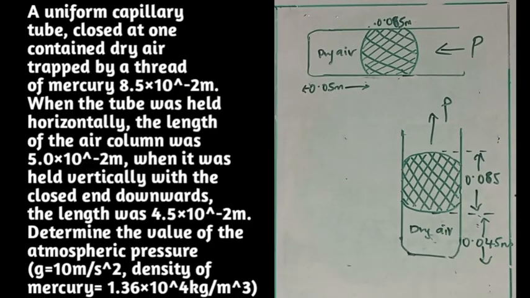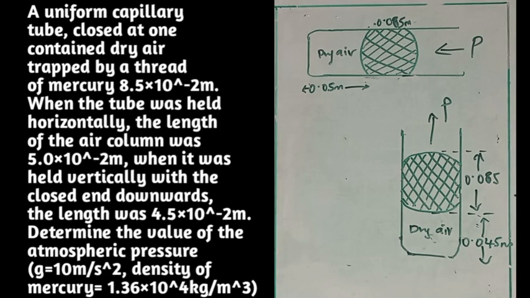Let's take the first example. A uniform capillary tube closed at one end contains dry air trapped by a thread of mercury 8.5 times 10 raised to power minus 2 meters long.